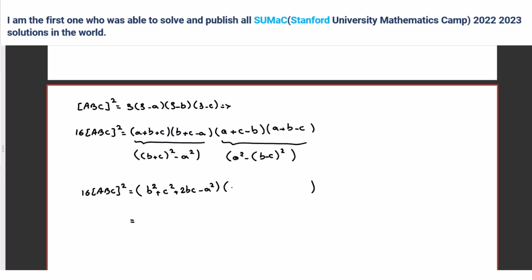If we expand it, it would be A squared minus B squared minus C squared plus 2BC. Exactly.